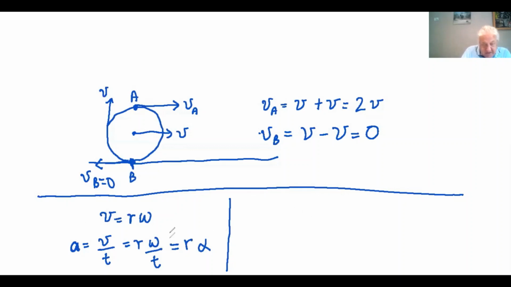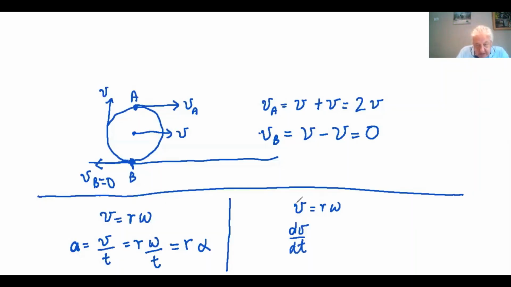I can also do this in calculus using the instantaneous definitions of acceleration. Using calculus, we define acceleration to be the rate of change of velocity, and we define the angular acceleration to be the rate of change of the angular velocity. So we have dv by dt.